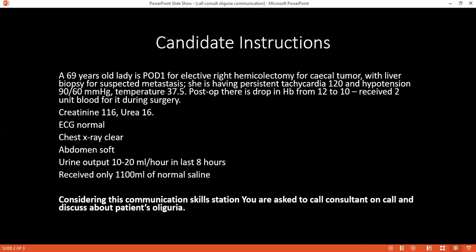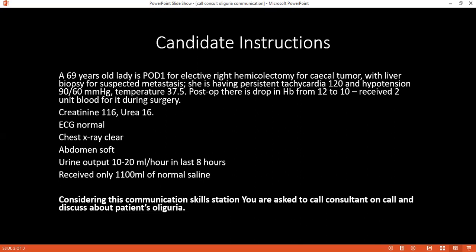Can you comment on the renal function test of this patient? Okay, the urea is elevated and the creatinine is marginally elevated. Yes, what does that signify in this particular patient? Slight pre-renal insufficiency. Okay, if you look at the urine output, it has been 10 to 20 ml per hour in the last 8 hours.